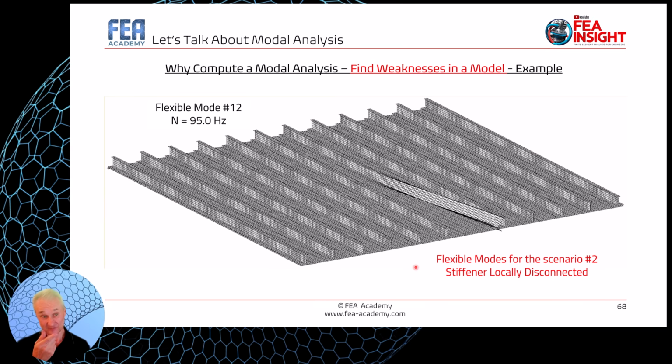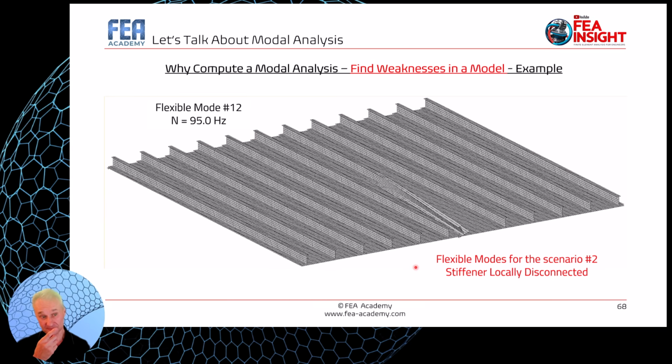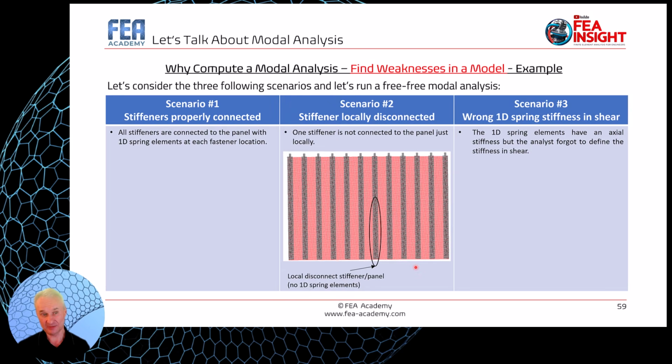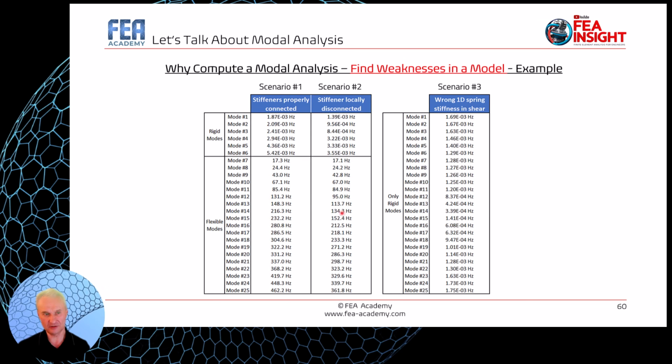But you see, mode 12, if I come back to the table, it's very scary, because if I look only at the table, the natural frequencies are close. You see 67.1, 67.0, 85.4, 85.9.